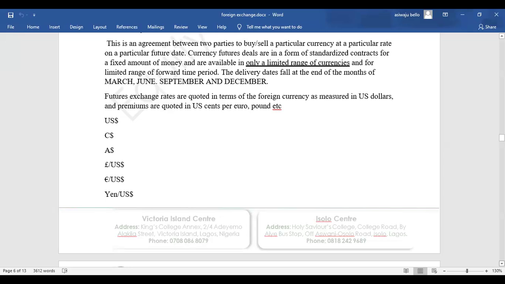Now, to determine your hedging results, we explained that you require the opening futures price and the closing futures price.